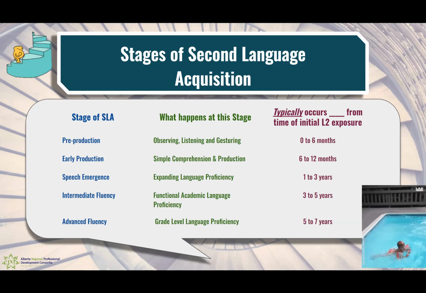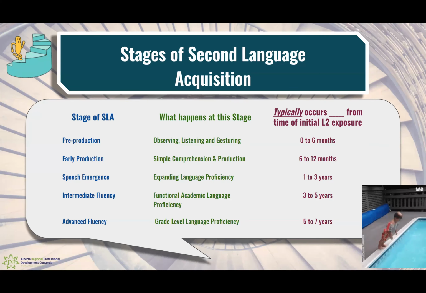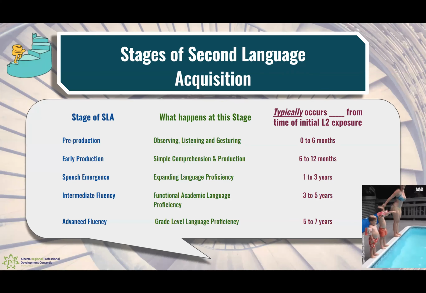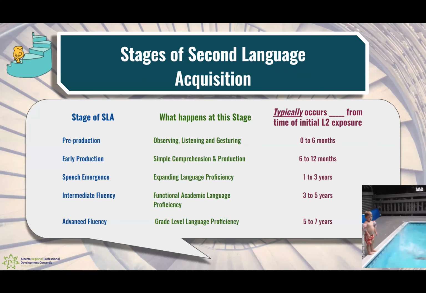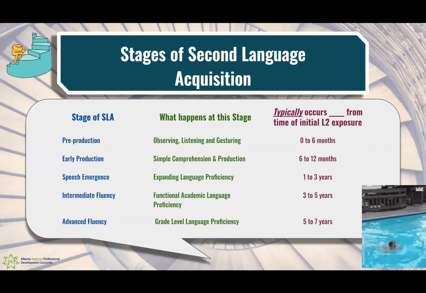So by 5 to 7 years, if students have had lots of rich and explicit language instruction, they would be at grade level proficiency. So it usually takes about 5 to 7 years, and they have that advanced fluency, where they're using lots of academic language like their grade level peers as well.